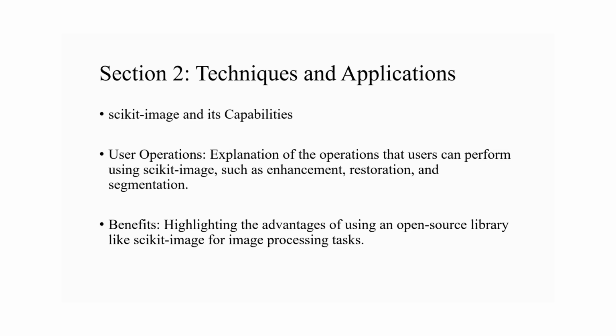I'll be talking about scikit-image. Scikit-image is an image processing library in Python that is easy to use. It makes use of machine learning with built-in functions and can perform complex operations on images by just calling a few functions.